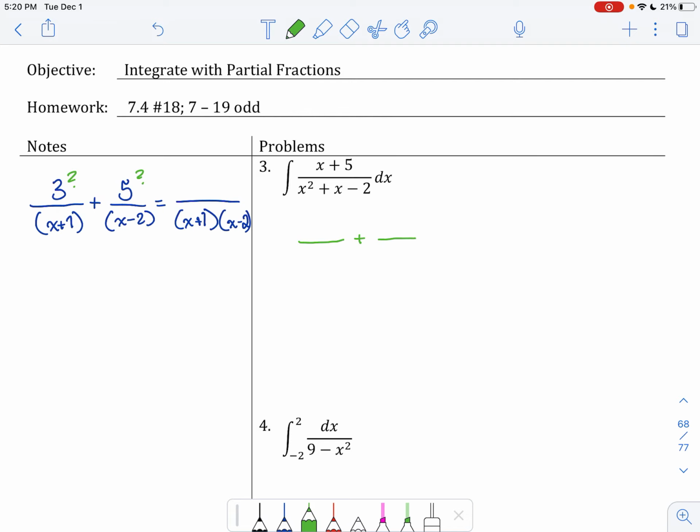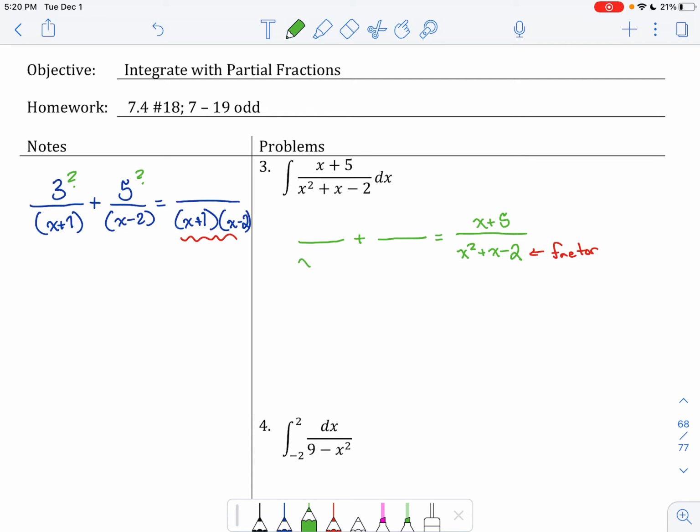So you're going to say, what are my two fractions that would have given me x plus 5 over x squared plus x minus 2? As you can see here, the first thing we want to do is factor, and those are going to be the denominators of our fractions.